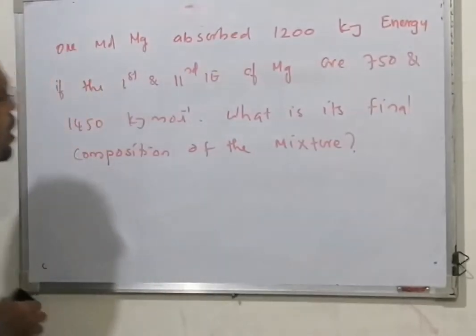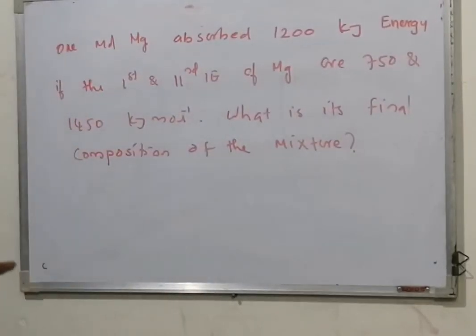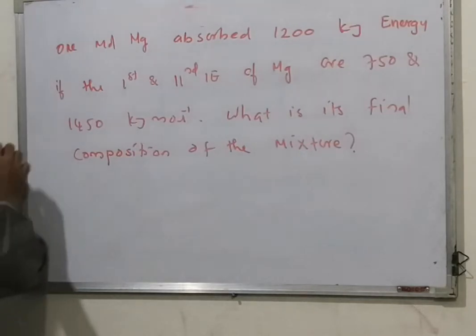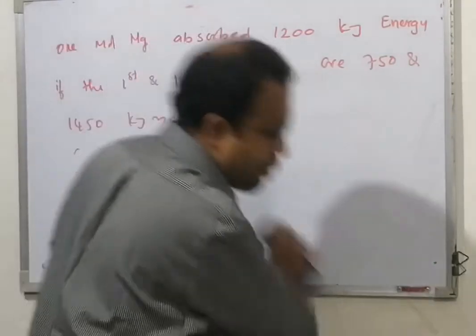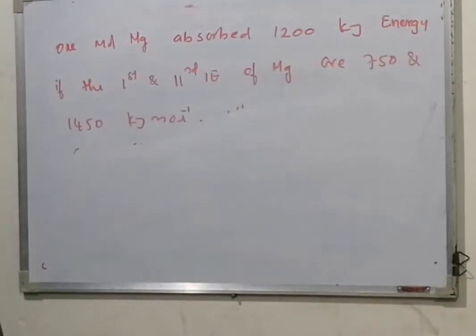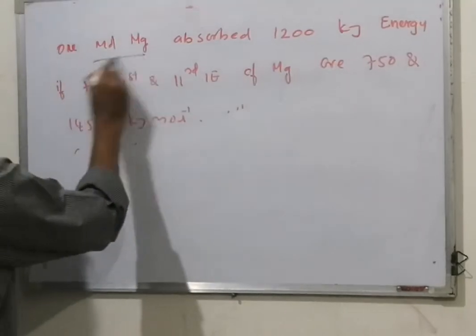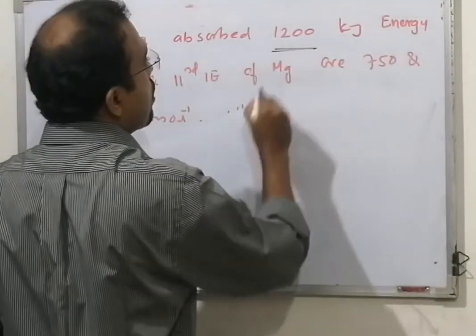1 mole magnesium absorbed 1200 kilojoule energy. What is the composition? You have 1 mole magnesium. It absorbed this much energy.